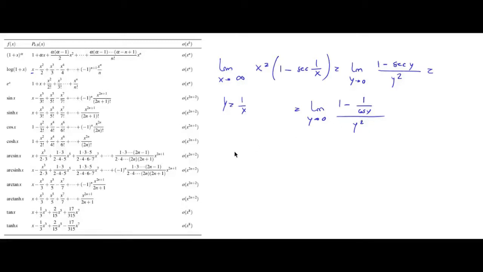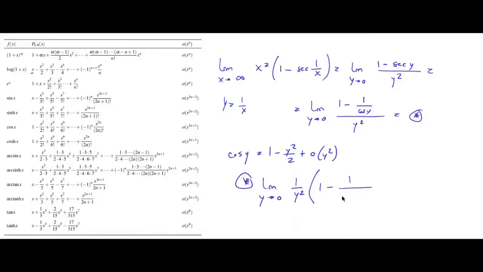Well, you know, the cosine of y is 1 minus y squared over 2 plus small o of y squared, right? And so now we can write, let's see, we have the limit when y goes to 0 and then 1 over y squared. We have 1 minus 1 divided by 1 minus y squared over 2 plus small o of y squared.